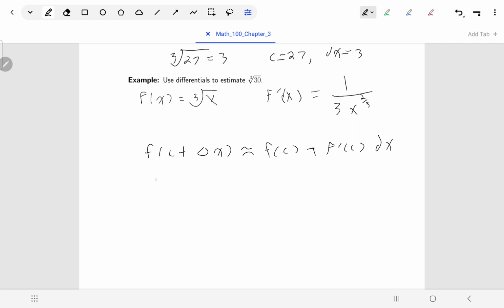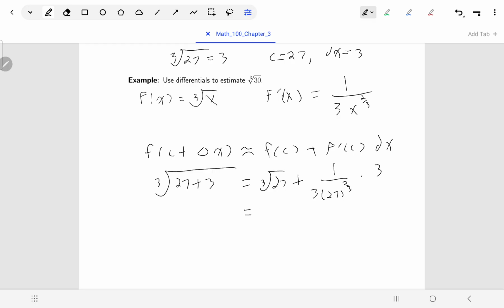If I want the cube root of 27 plus 3, or in other words the cube root of 30, I will take f of c, the cube root of 27, plus f prime of c, 1/3 times 27 to the 2/3, times dx, which is 3.